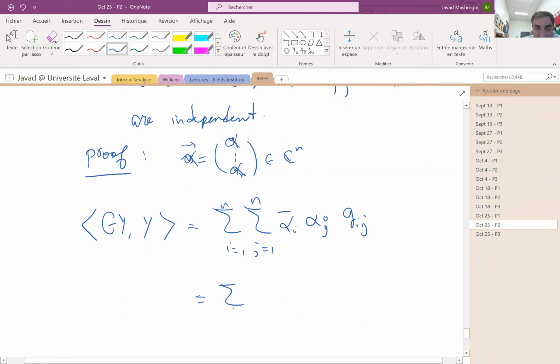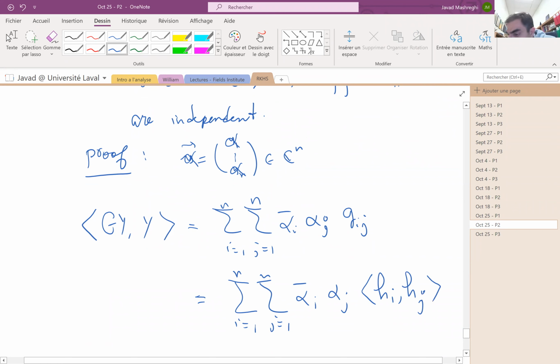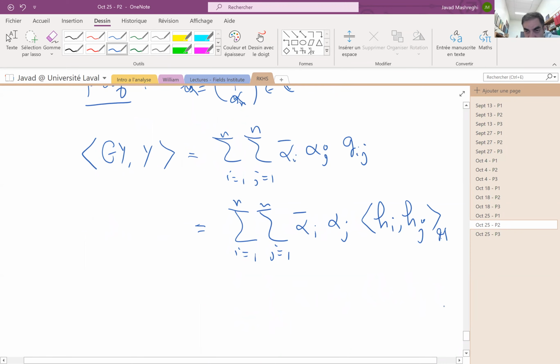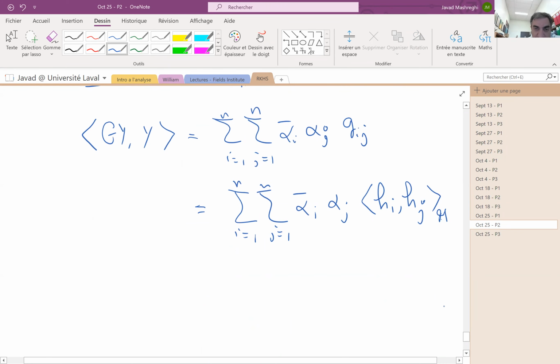So it's the sum, let's write it as well. Sum i from 1 to n, j from 1 to n, alpha i bar, alpha j, and this is Hi inner product with Hj in the space H. And take the coefficients inside and sum them up.